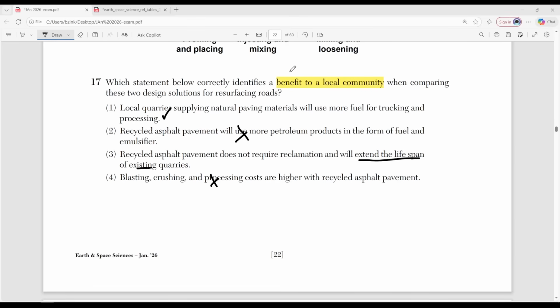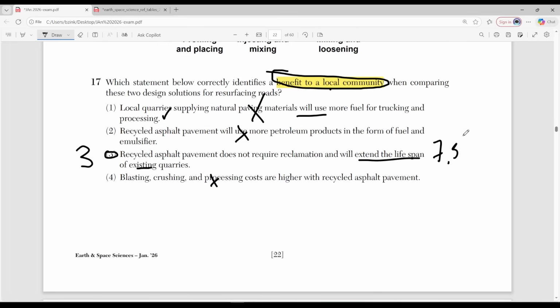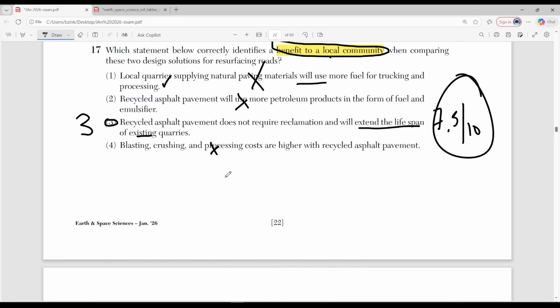Oh, that's where I was going wrong. Which one's a benefit to the community? This is not a benefit to the community because they're going to use more fuel. So even though it's true, it's not a benefit to the community. So I was going through seeing if they were true or false. So it's 3. I hated this question. I would say this is a 7.5 out of 10 annoying question. I hated it.